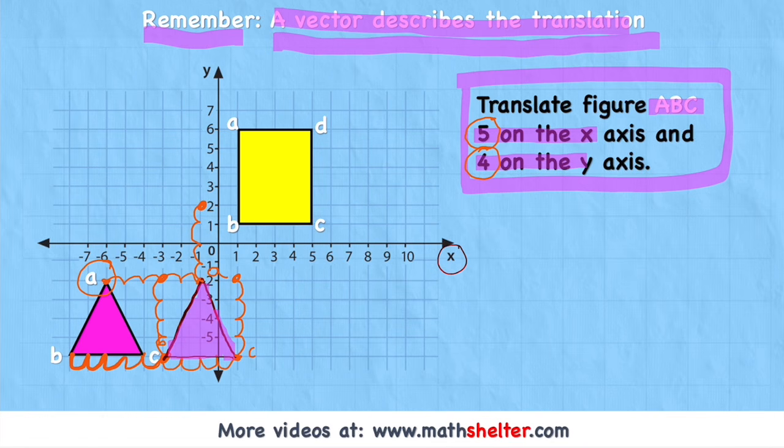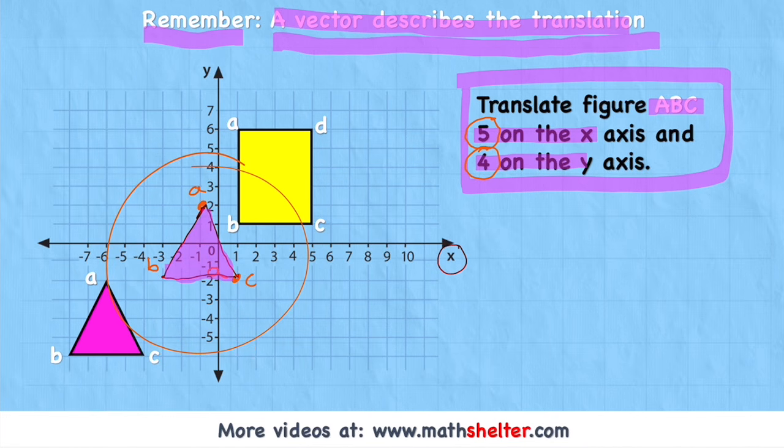So my new triangle and my final position would be A to B, B to C, and C back to A. And again, color that in to show its final location. I'm going to get rid of this other triangle because that was just there to show you its step. So this would be the final location when I've translated my figure, 5 on the x-axis and 4 on the y-axis.